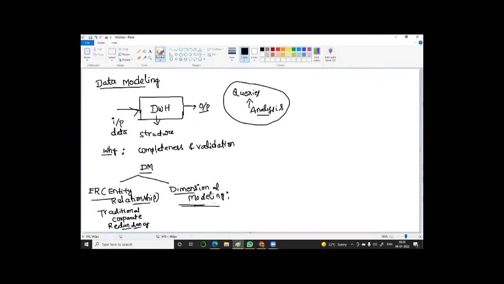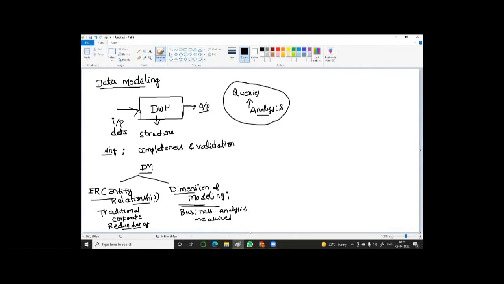And mostly business analysis measures can be done here in dimensional modeling, and it is optimized for online queries and DWH tools. It means whenever the DWH tools are connected with this modeling, it is optimized.